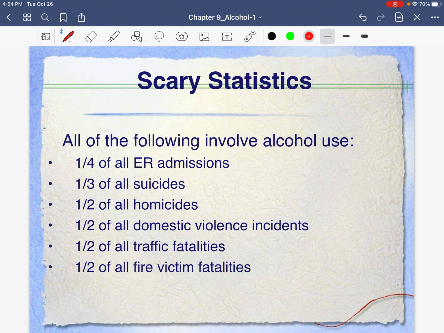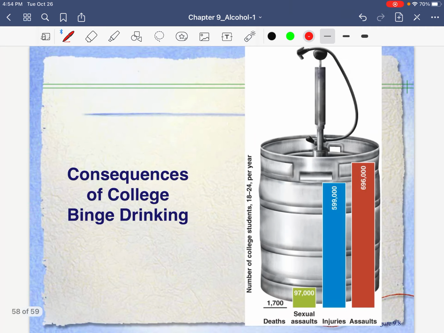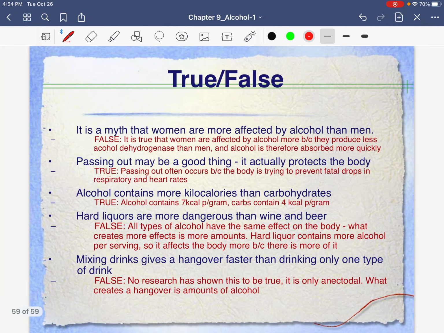So really the alcohol use and abuse doesn't really lead to many good things when it's done in excess. I'm not going to ask you these stats, but usually excessive alcohol leads to other things that are not good. You can read about the consequences of binge drinking in college. Will lead to a lot of injuries, assaults and sexual assaults, deaths, not good.